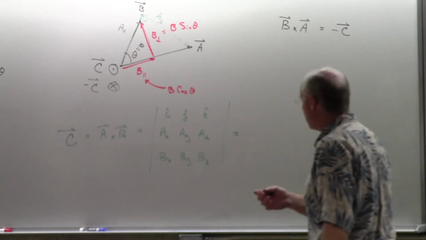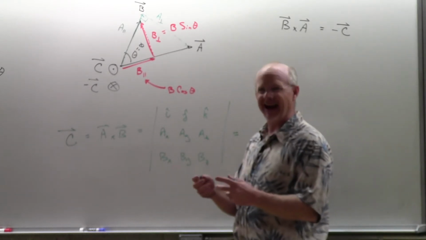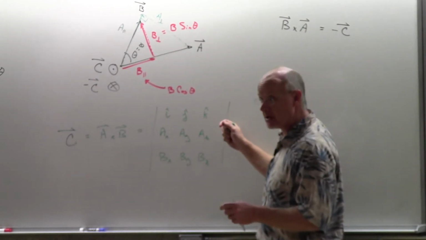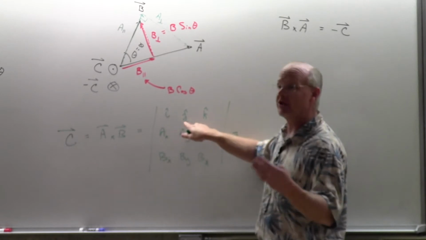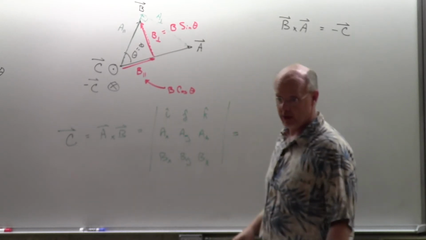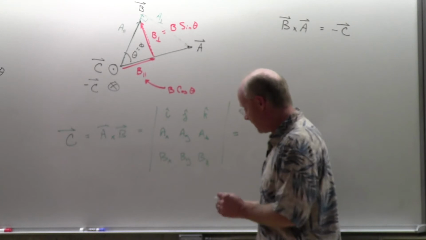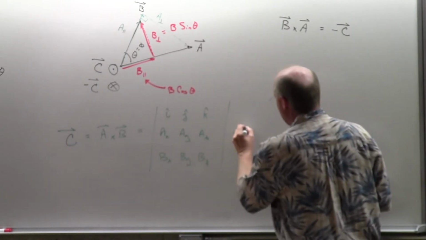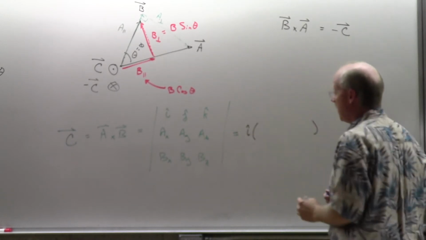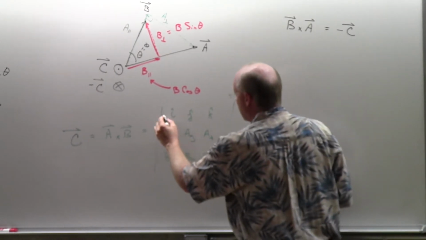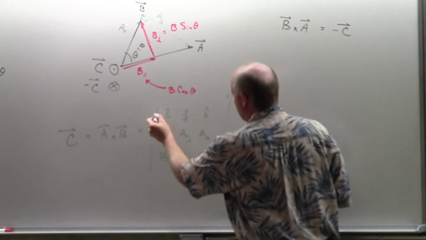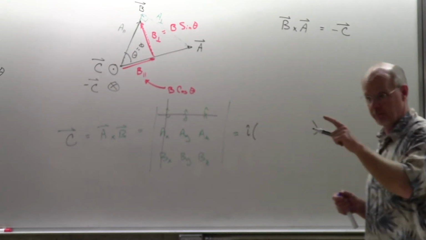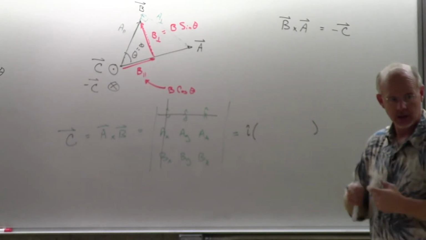Oh, good. Sounds like some of you know here. You expand it by a given row. Let's expand it by the top row. That's the advantage. Because as you expand it, you would get the i component, the j component, and the k component. So I'll start with the i component. The general method is this. You write i hat, because that is the first in the row. Then you mentally think of drawing a line through that row and that column, and so you're left with just a 2 by 2 matrix.